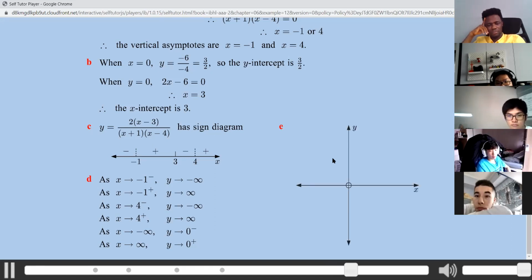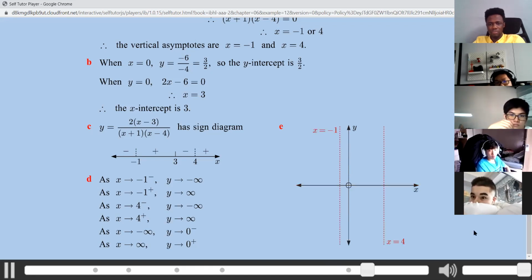We now use all the information we have gathered to draw the graph of the function. The x-axis is the horizontal asymptote, and we add the vertical asymptotes. We mark the x-intercept and y-intercept.